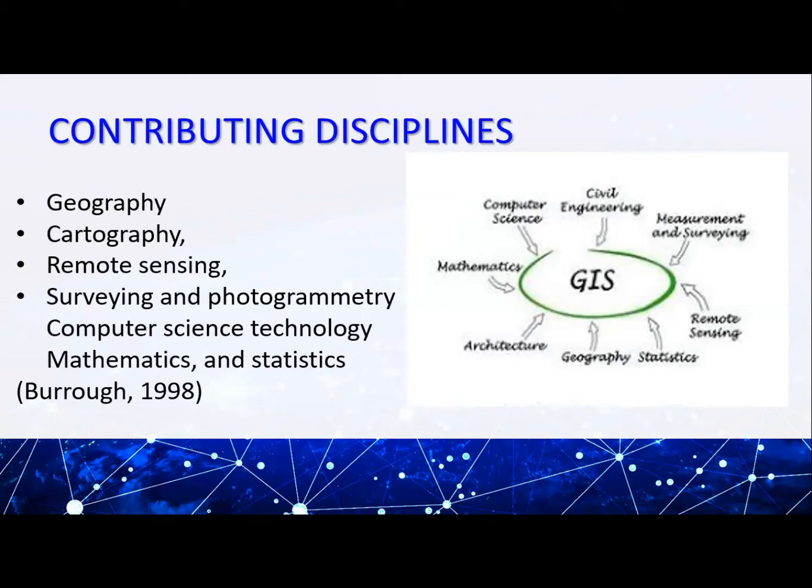Then we also have contributions from the field of remote sensing. Remote sensing here, we are looking at satellite imagery and such kinds of data sets. Then we also have contributing fields: surveying and photogrammetry, computer science in itself, mathematics and statistics. So all these different fields contributed in one way or another to come up with GIS.